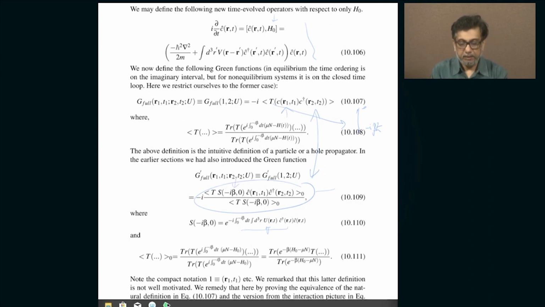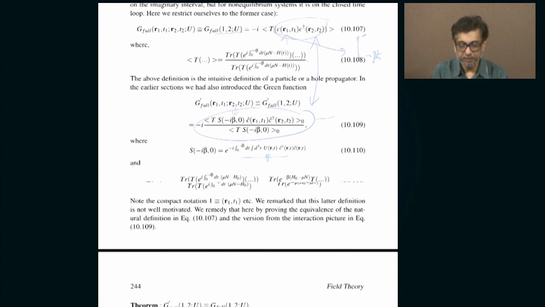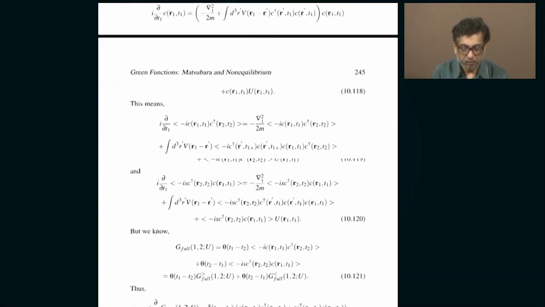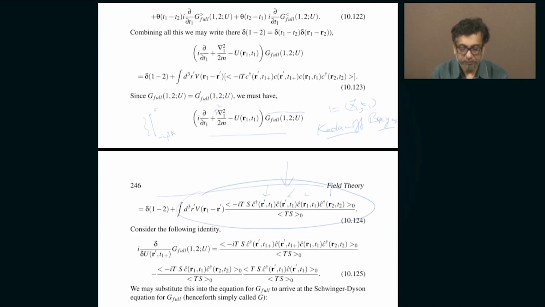So bottom line is that whatever this Green's function is, it involves one creation, one annihilation operator. However, its equation of motion now unfortunately seems to involve two creation and two annihilation operators. Now if you go ahead and write down the equation of motion for this, it will involve three creation and three annihilation, and so on and so forth endlessly, and that's where you're stuck, because then you don't have a convenient equation that you can solve.